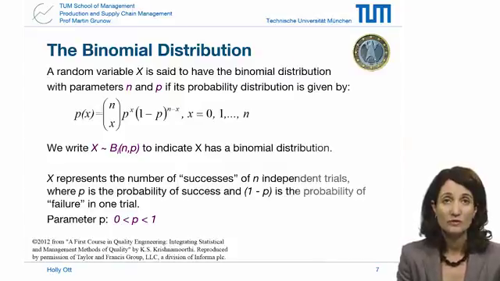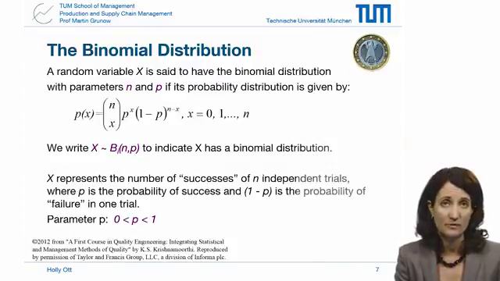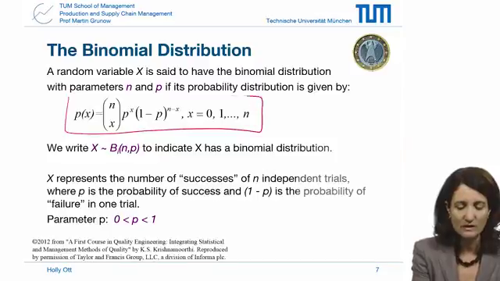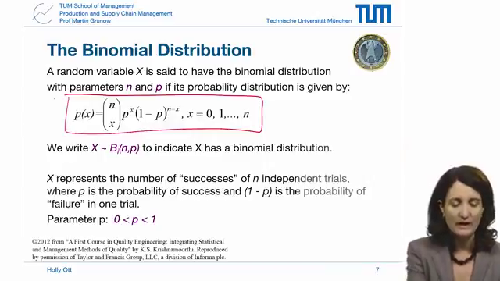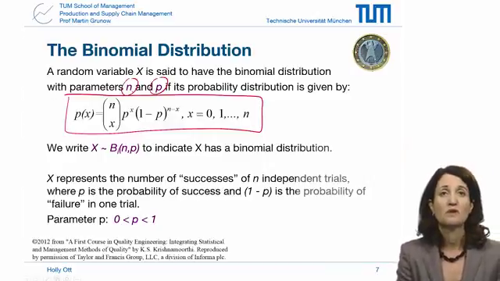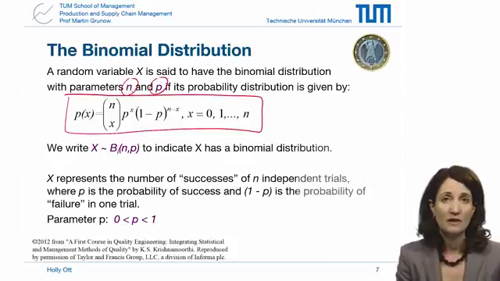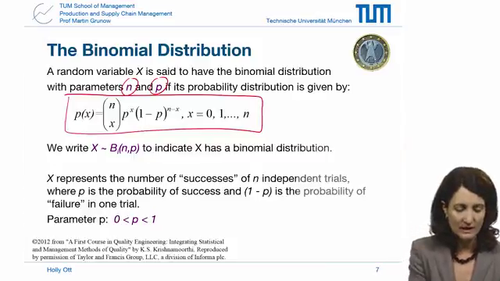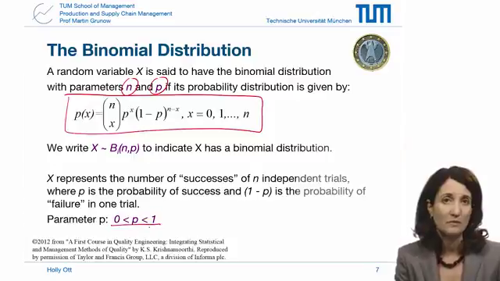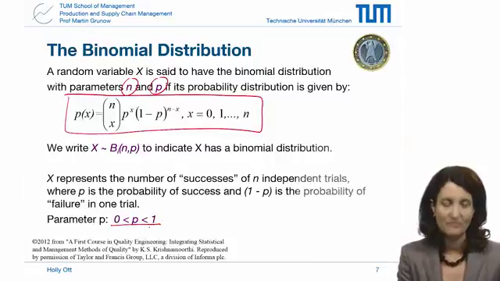So the binomial distribution is again used to assess the proportion of defective items in a subgroup, or the fraction of non-conforming items. Its distribution, or its PMF as we called it, is given by this equation where we have 2 variables, n and p, where p is the probability of a success, so 1 minus p is the probability of a failure in one trial, and p lies between 0 and 1, it's a probability, and we have a sample of size n.